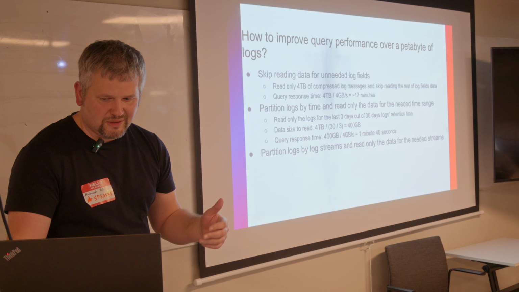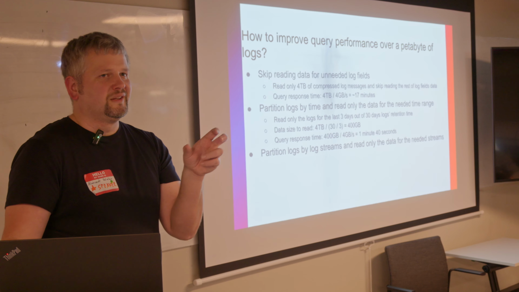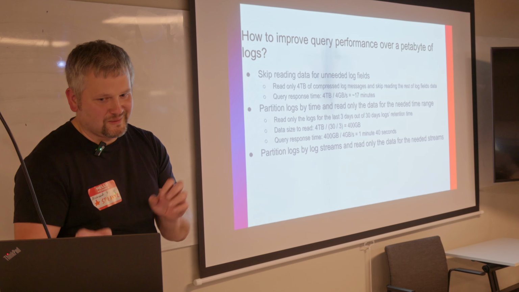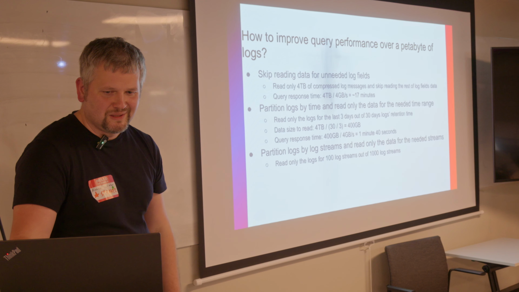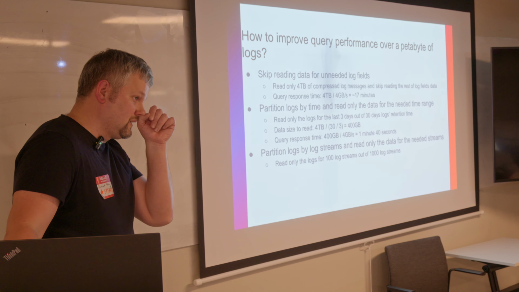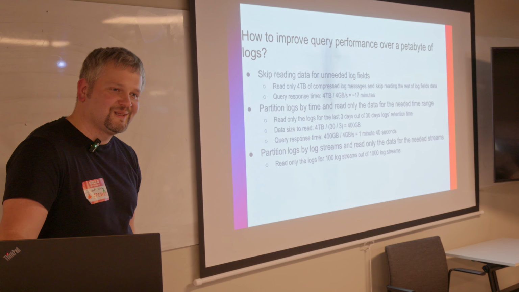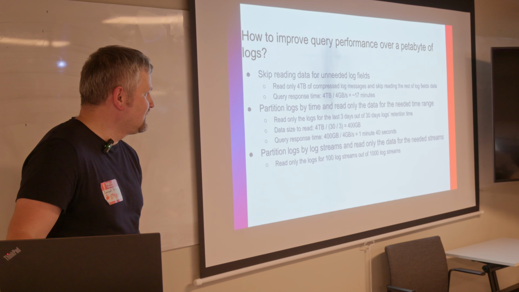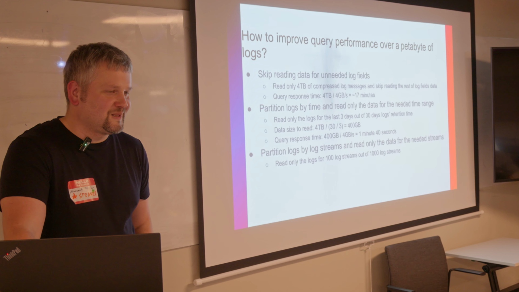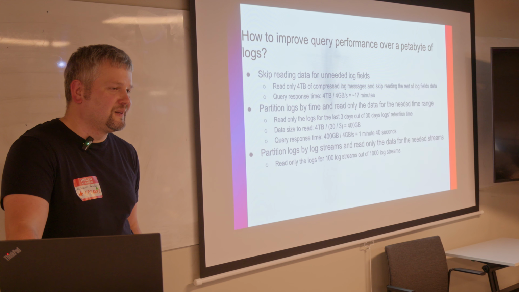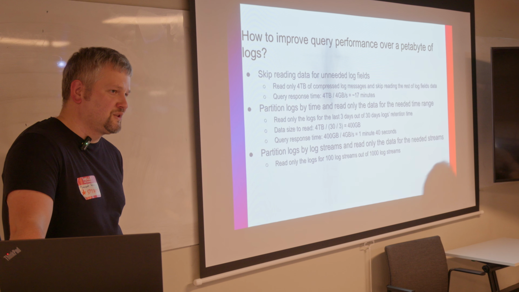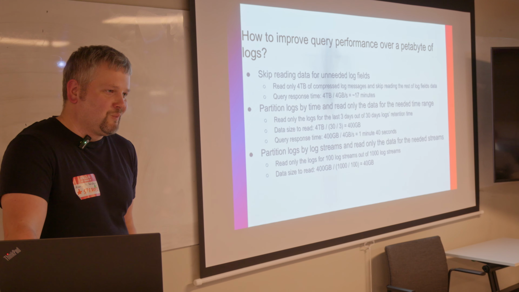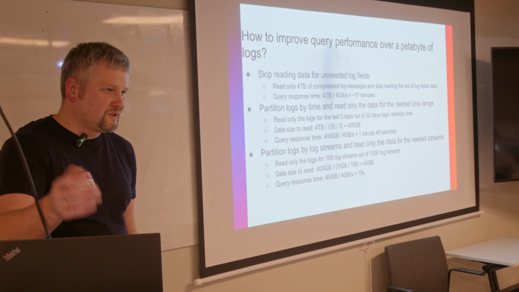In this case, we can narrow down the amount of logs which we need by using special filters on these log streams. For example, if you have 1,000 log streams and only need to read logs from 100 log streams in this database, this can reduce the amount of data which needs to be read by 10 times again, to 40 gigabytes, and this improves query performance to 10 seconds.